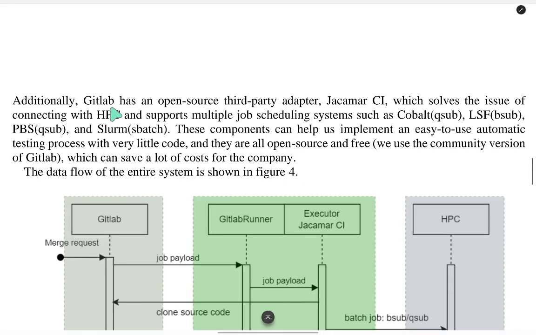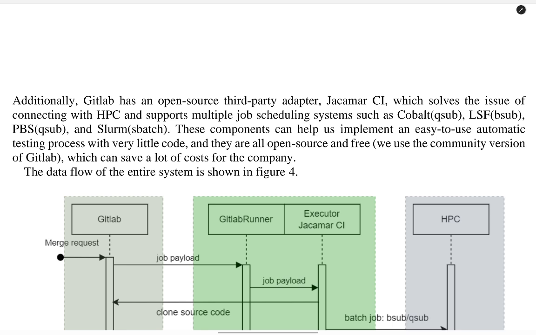Additionally, GitLab has an open-source third-party adapter, Jacamar CI, which solves the issue of connecting the HPC and supports multiple job scheduling systems such as Cobalt, LSF, BSub, PBS, QSub, and Slurm.